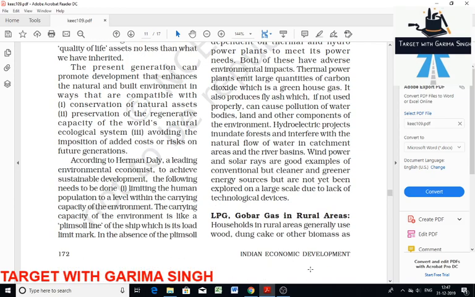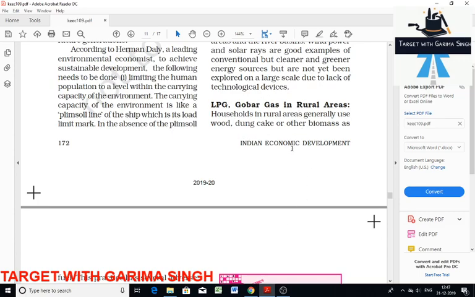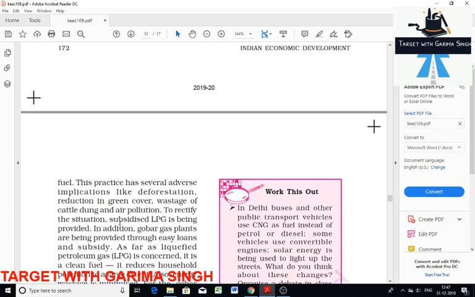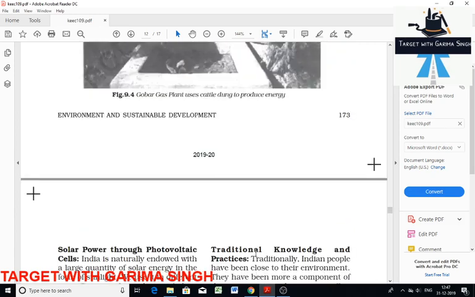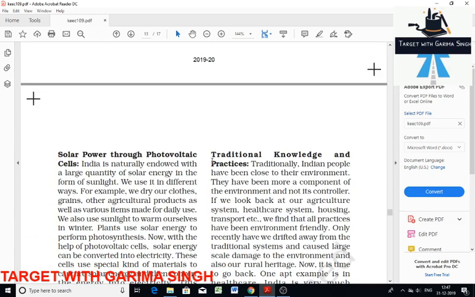Then use of cleaner fuel: LPG, gobar gas in rural areas, and CNG in urban areas, as well as biomass fuels. Then use of solar energy and wind energy in areas where the speed of wind is usually high. Windmills can provide electricity without any adverse impact on the environment. So wind power, then solar power through photovoltaic cells, solar energy.